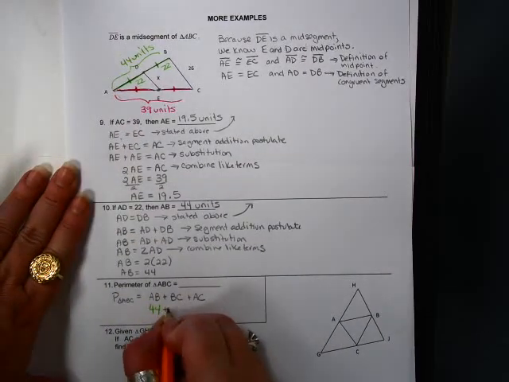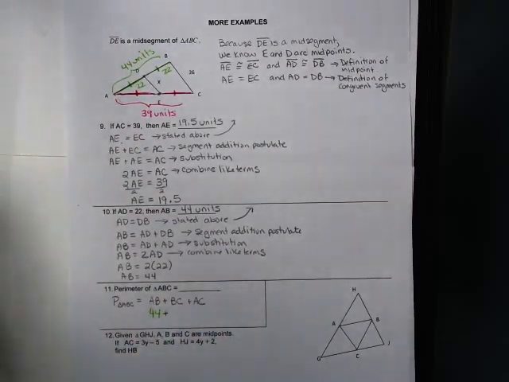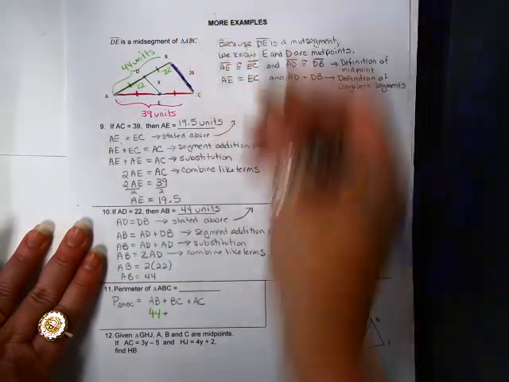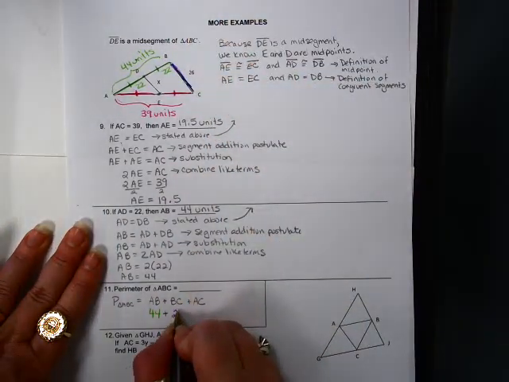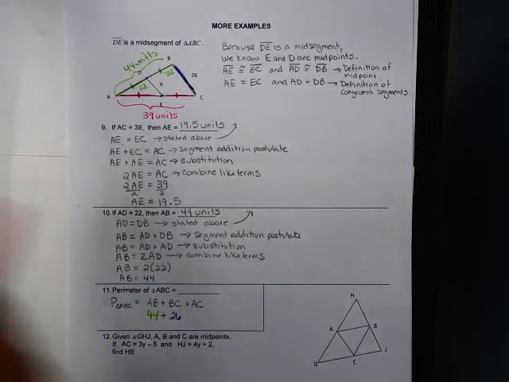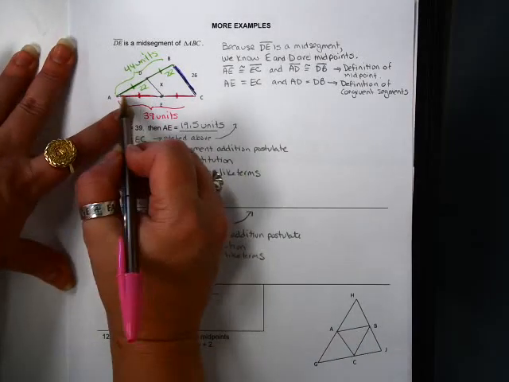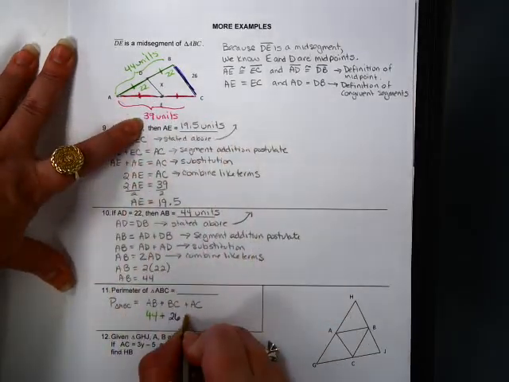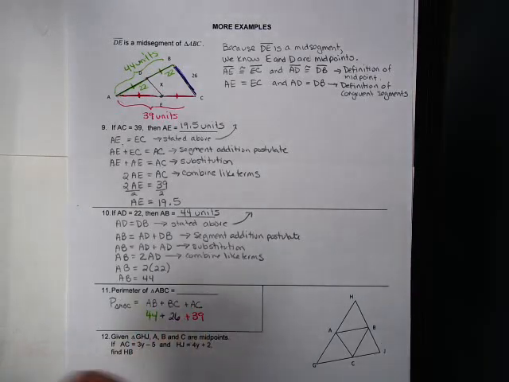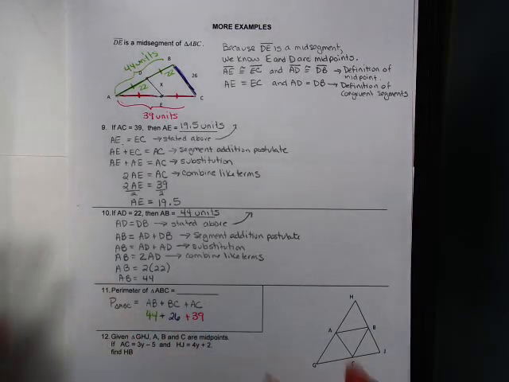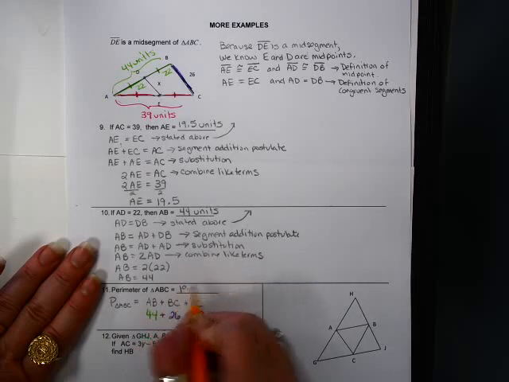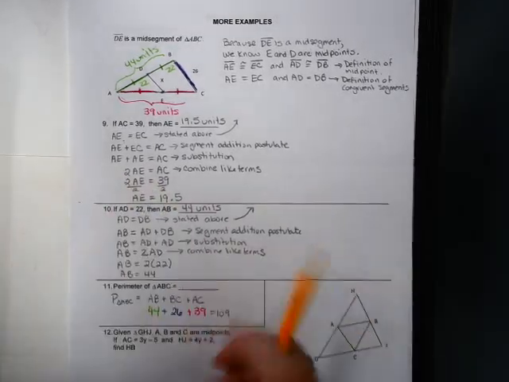So that's 44 plus BC, this side over here in purple, which is 26 according to my diagram, and then AC, this side here, was 39 units. When you add all three numbers up, you should get 109 units.